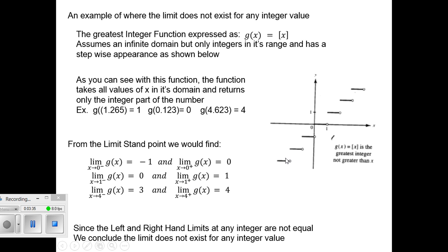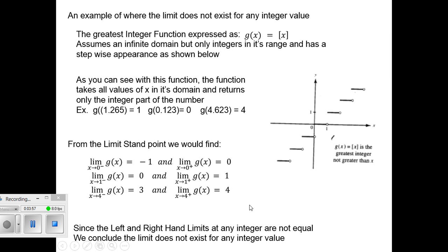We could go on and on, and we would see, one last time, the limit as we approach 4: from the left side, it would be 3, and from the right side, it would be 4.